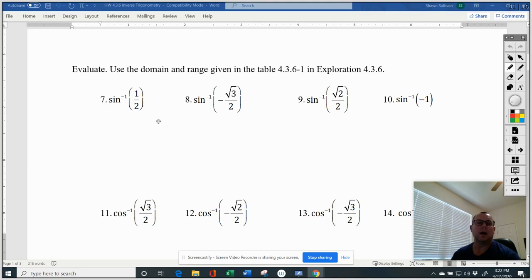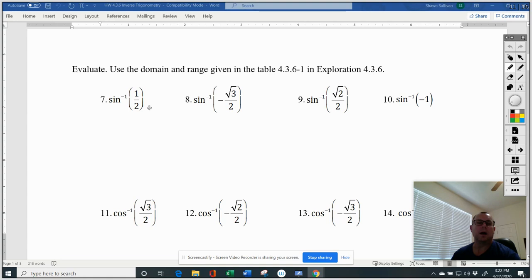These first problems are really super straightforward. You're just going to your unit circle, and remember, we're trying to find sine inverse of 1/2. What does that evaluate to? So I go to my unit circle and I look for where sine is equal to 1/2. Remember, sines are y values.